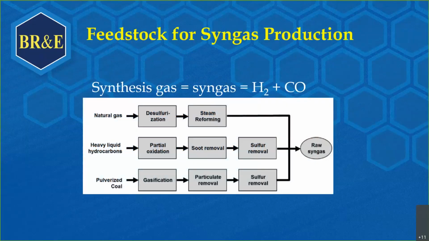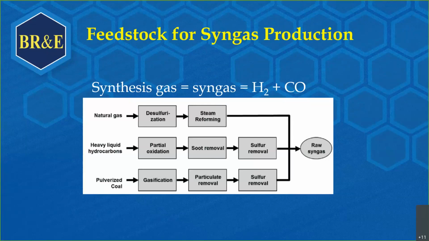Okay, so feedstock for syngas. What is syngas? Synthesis gas, or syngas, which is hydrogen and carbon monoxide, can be made from three main feedstocks. The first we'll see is natural gas. That's going to be methane. We'll take it through some steam reforming and then we'll arrive at our syngas.